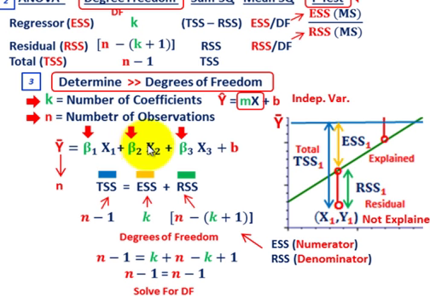Those are three different independent variables. Well, you'd have a coefficient for each one of those. So in that case, your k, or your number of coefficients, would be what? 1, 2, and 3. So you'd be using 3 as your k value in the formulas up here.